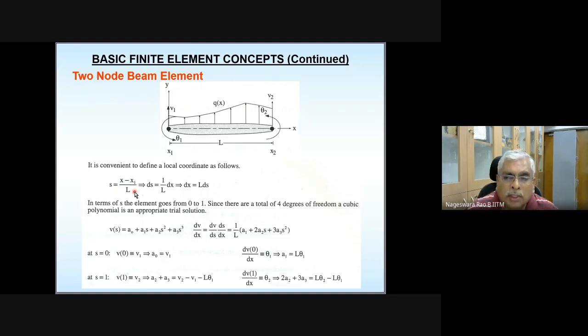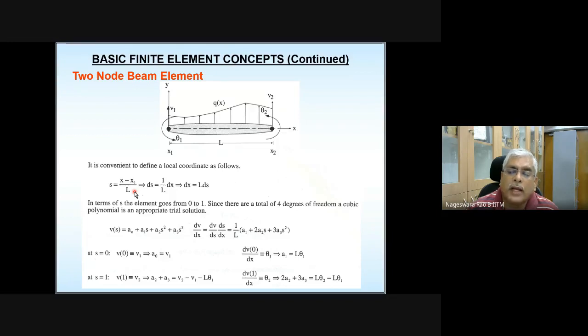I told you the procedure to derive the relationship between S coordinate and X coordinate while explaining the 2-node bar element. When I was explaining the mapping for the 2-node bar element, I explained how that relation between S and X can be obtained, making use of linear interpolation, or the equation of a straight line: y minus y1 is equal to y2 minus y1 divided by x2 minus x1 multiplied by x minus x1.